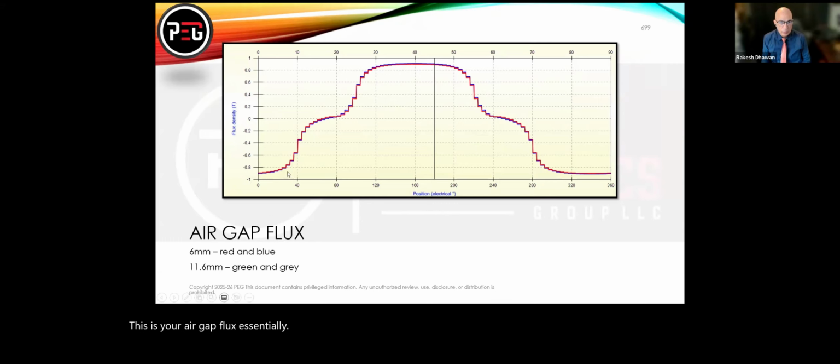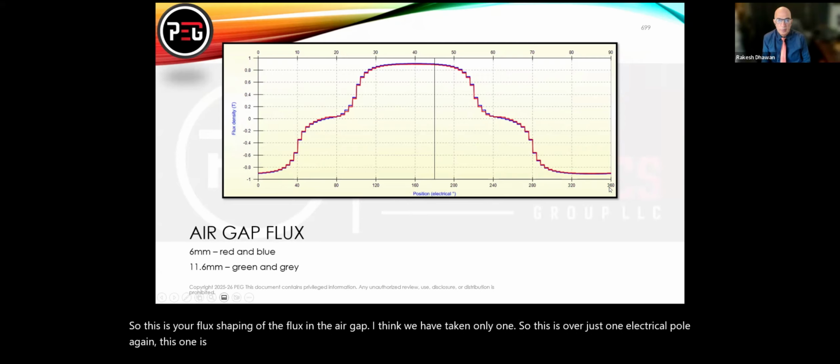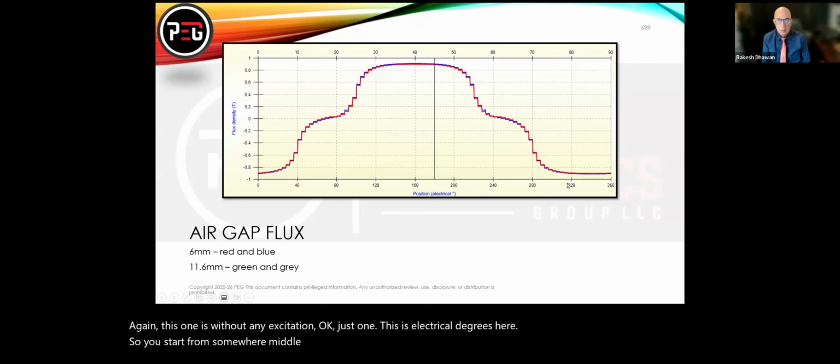So this is the shaping of the flux in the air gap. I think we have taken only one, so this is over just one electrical pole. Again, this one is without any excitation. You start from somewhere in the middle of the north pole.